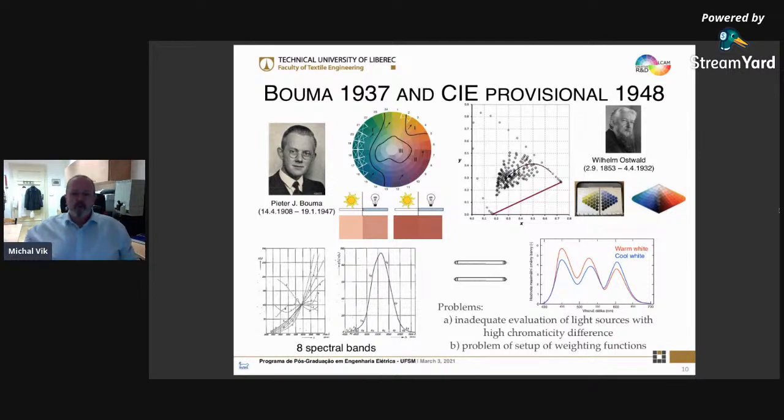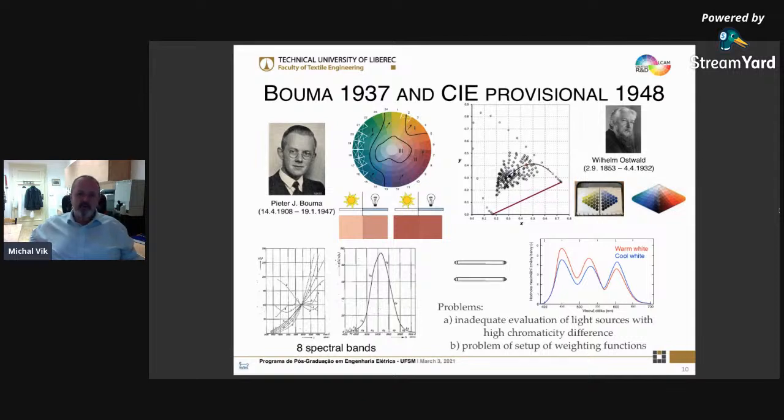Based on Bouma's work, a so-called specific CIE temporary recommendation for evaluation of artificial light sources was prepared, based on 8 spectral bands. And via these 8 spectral bands it was possible to compare different light sources.